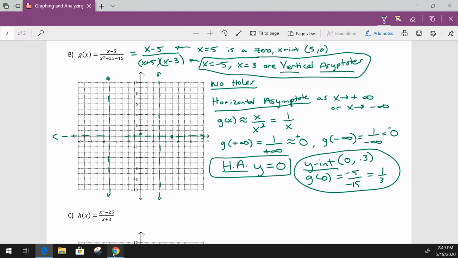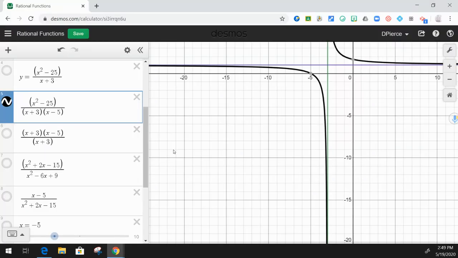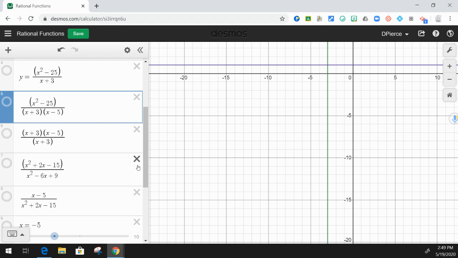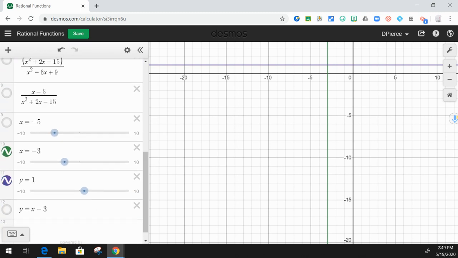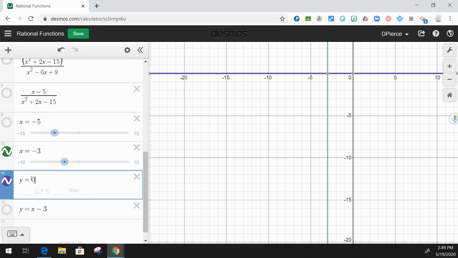Or in this case, we're going to simplify this a little bit. We're going to look at Desmos. We're going to get rid of these extra lines. So instead of y equals 1, our horizontal asymptote is y equals 0.